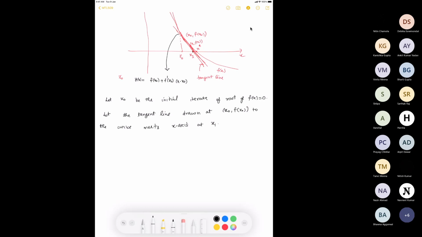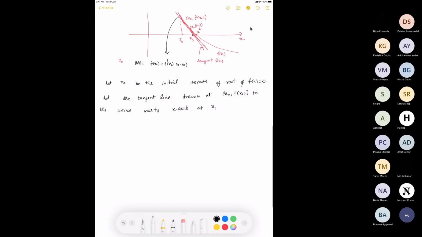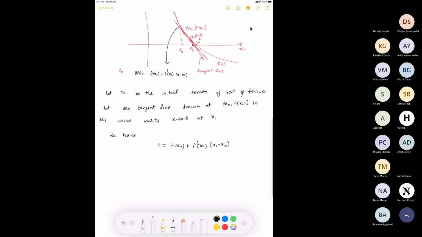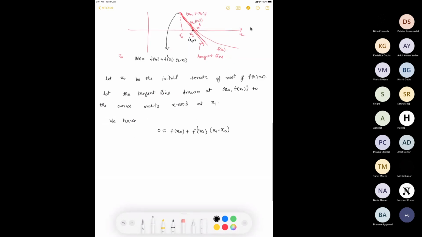And what I want is x1. So at x1, we know that y is 0, right? So I will have f(x naught) plus f prime at x naught times (x1 minus x naught) equal to 0. Because you can see that this is the point (x1, 0) and this is the point (x naught, f(x naught)), so the slope here is going to be f prime of x naught.